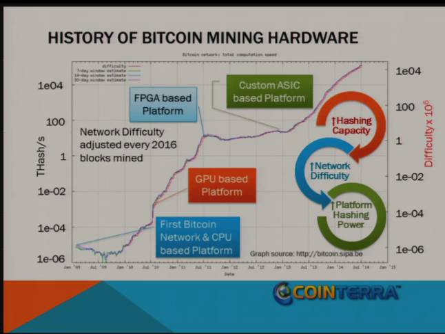As the difficulty increased over time, the mining first moved to GPU-based computing platforms, and then to FPGA-based platforms, and finally, around early 2013, it moved to custom ASIC-based platforms. Currently, the race is to build the highest performance, yet most power-efficient mining platform based on custom ASICs.